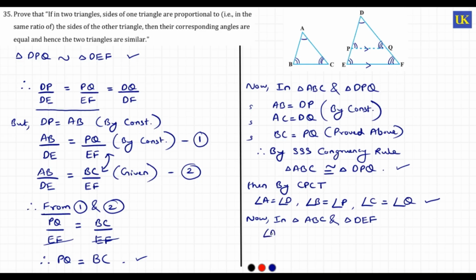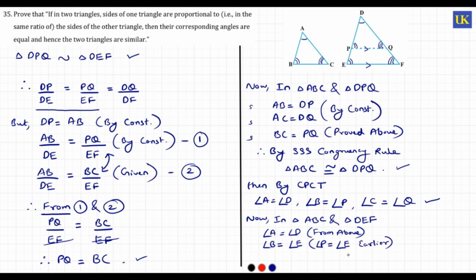Here I will say that angle A is equal to angle D. Just now above we have proved this, so I will say from above. Then I will say that angle B is equal to angle E, because earlier we have proved that angle P is equal to angle E. We have proved this earlier.